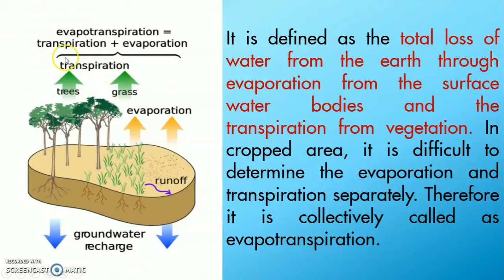Therefore, it is collectively called as evapotranspiration. So, once again, I repeat, evapotranspiration can be defined as the total loss of water from the earth through evaporation from the surface water bodies and the transpiration from vegetation. Is it clear, children?